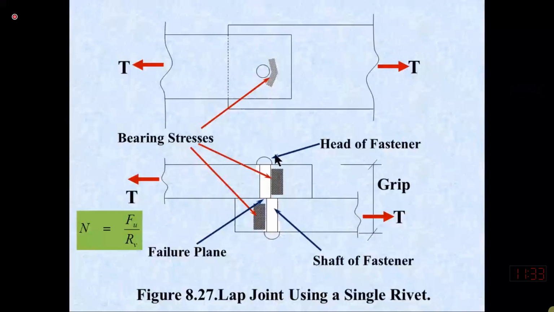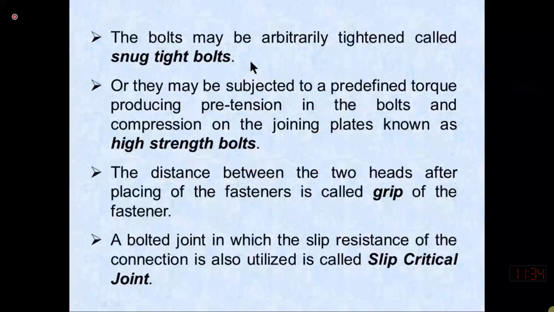A bolt joint in which the slip resistance of the connection is also utilized is called a slip critical joint. Okay, how can I explain this? I will explain by this. I told you that the diameter of the hole is usually more than the diameter of the fastener. When computing the net area, we use D plus 3 into thickness.